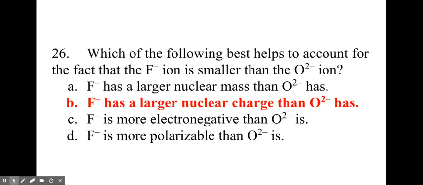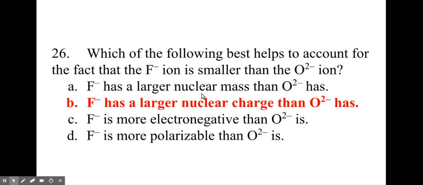26. Which of the following best helps to account for the fact that the fluoride ion is smaller than the oxide ion? Okay, again, I want to caution you, a lot of times in these questions, they make a statement, and you need to make sure that you don't try to refute that statement. They're not asking you if fluoride is smaller, they're saying it is, but they want to know why.